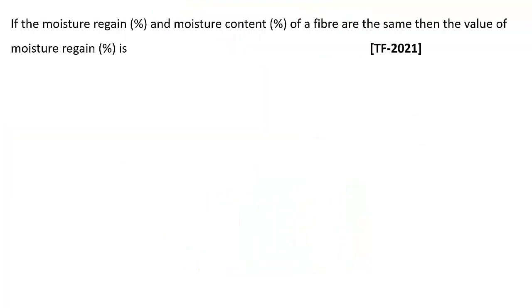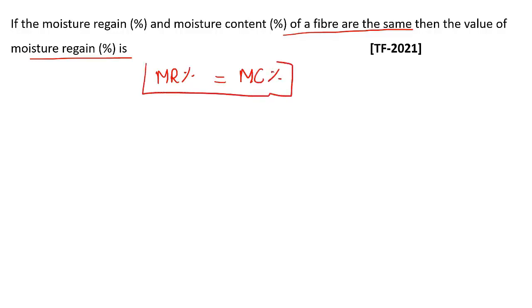This question says that if the moisture regain percent and the moisture content percent of a fiber are the same, then the value of moisture regain percent is... It is given that moisture regain percent is equal to moisture content percent. It is also a 2-mark question.